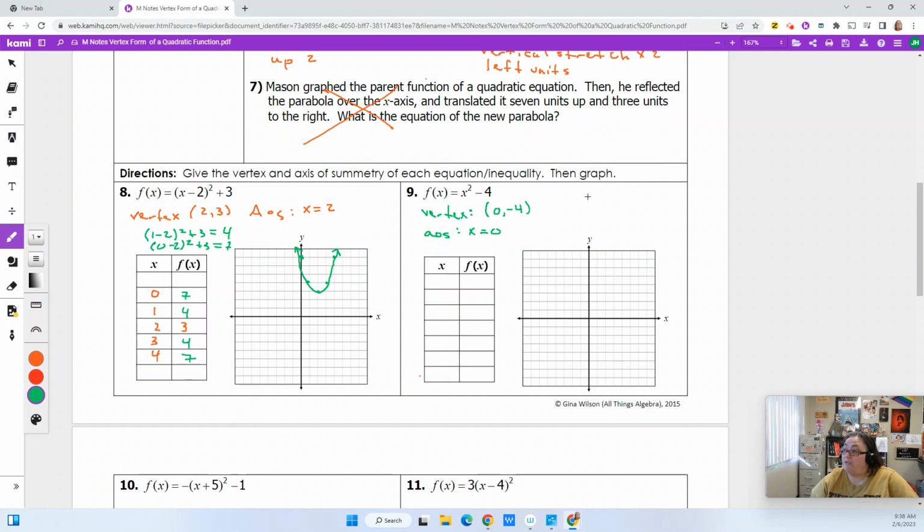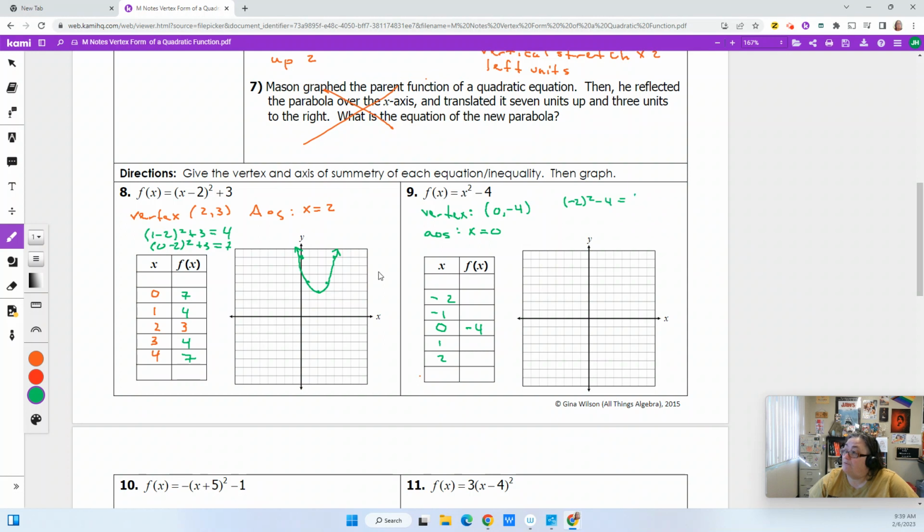So we know our center point, so we can plug it in. I can go, okay, well, this is 0, this is -4, and I can build my points around this. So I can make this -1, and this -2, and here I can do 1 and 2, and I only have to solve this equation for one side of the vertex, right? I could go, okay, well, I'm going to go -2 squared minus 4.